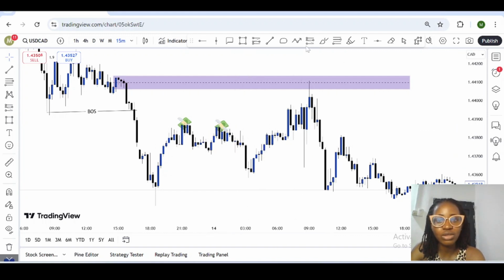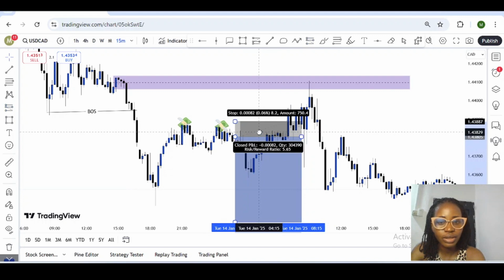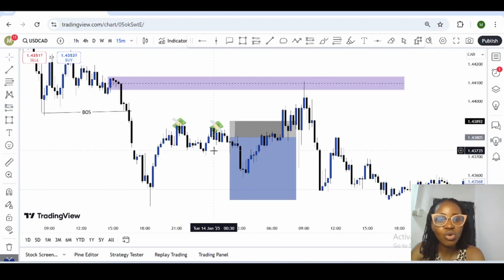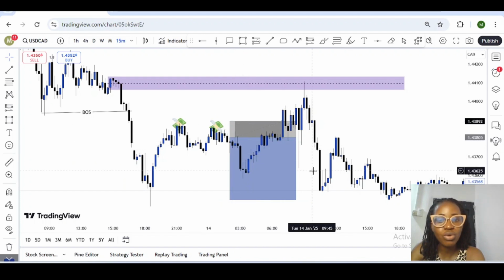So some will place their stop loss here, pick an entry here, then place their stop loss just above here. Some will also place a sell order here, expecting the market to trigger them in once price gets to this zone. All right, but now look at what price did.